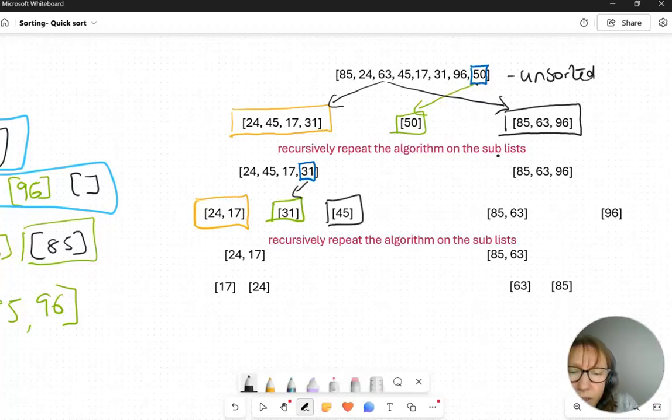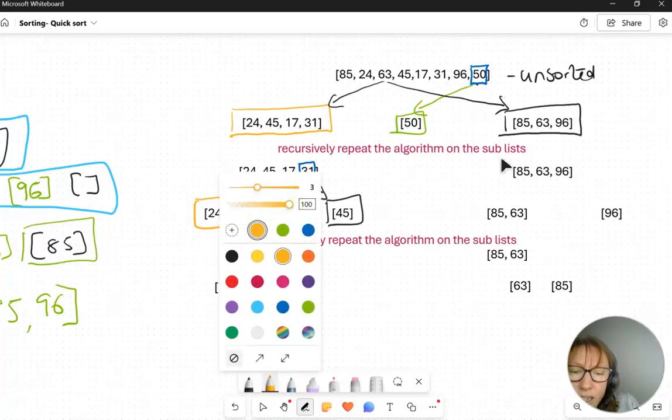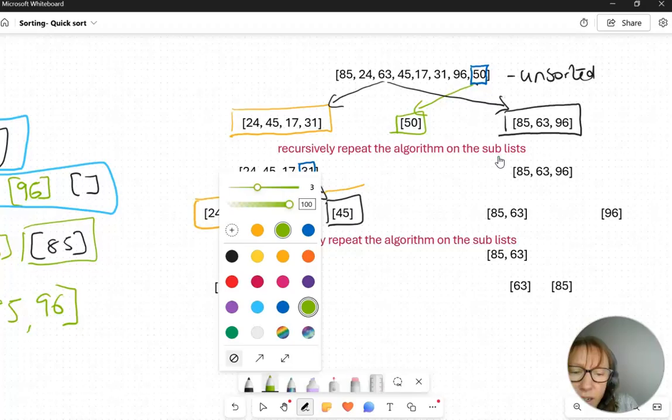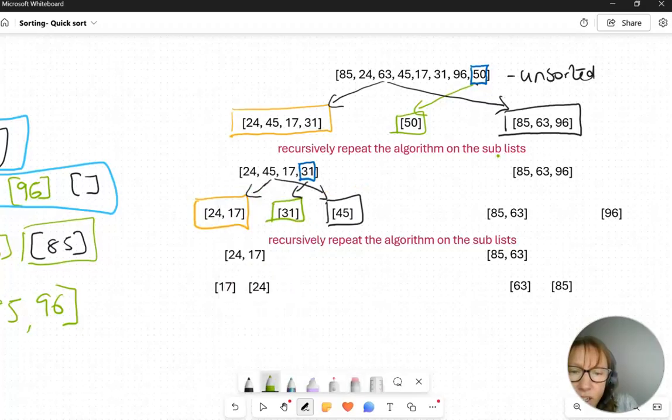This becomes our pivot, and what's left in the list is split over these two. What I didn't do the last time was just note that because this is a single value, it is actually also now sorted. I just missed that because I was rushing to try and get it done in the 15 minutes.